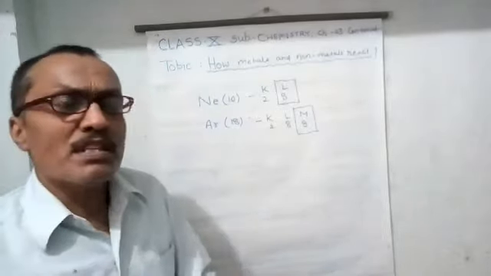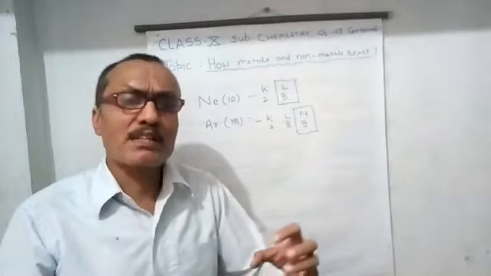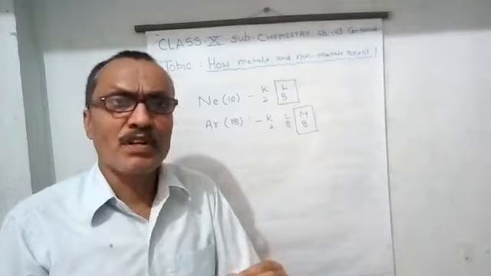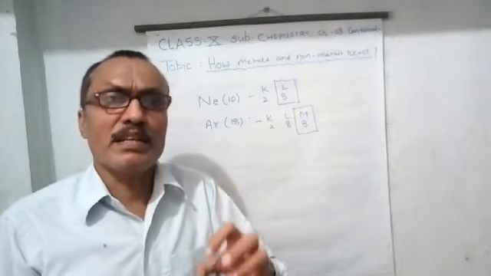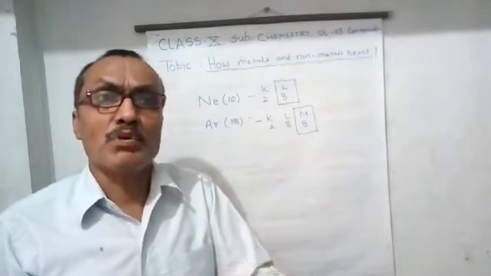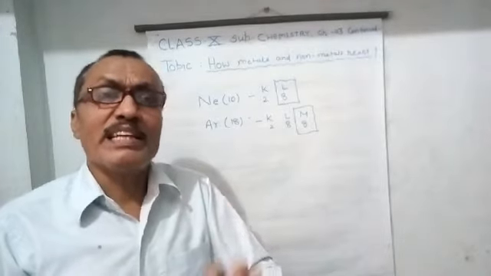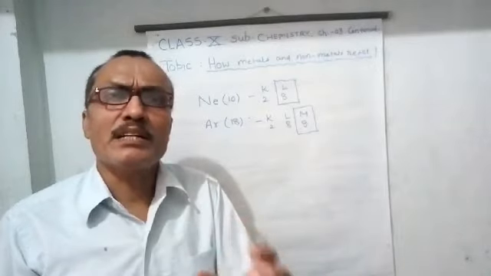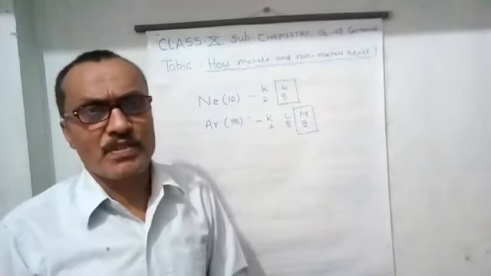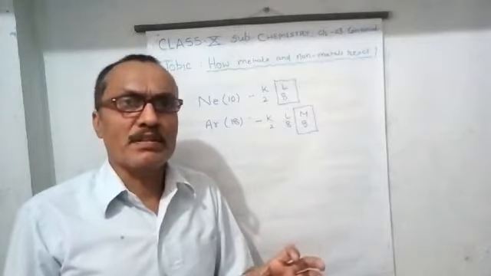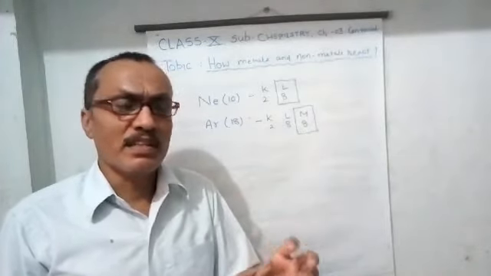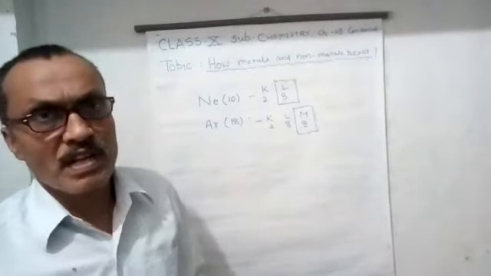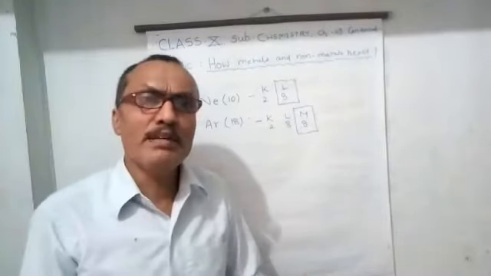So the reason for the reaction of elements is to attain 8 electrons in the outermost orbit so that they can attain the stability of their nearest noble gas. All elements try to attain the electronic configuration of the nearest noble gas.